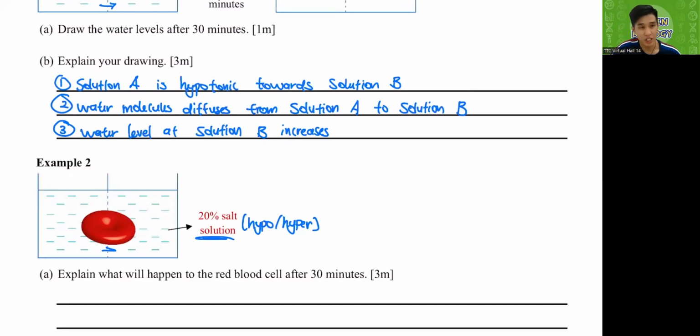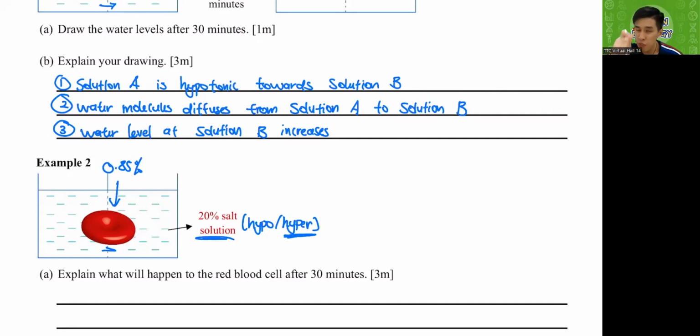Okay, yes. The answer actually, it has to be hyper. But why? Now, a living organism's cell, right, the salt content actually is very, very low. If you want to know the exact one, human red blood cells, for instance, have only 0.85% of salt. So as long as 1% salt, it is hyper already.